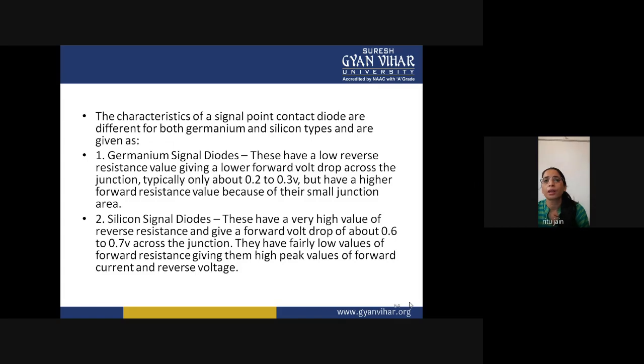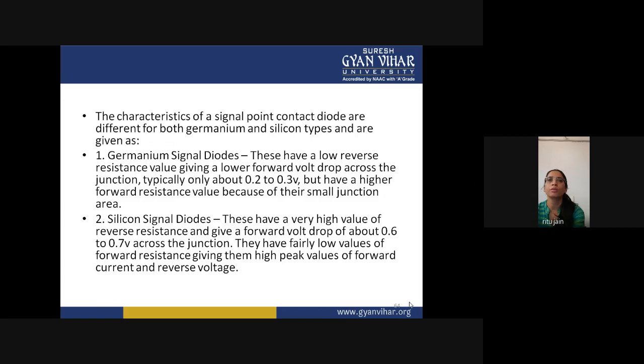If you apply a positive voltage to the P terminal and connect the negative terminal of the battery to the N terminal of the diode, the diode becomes forward biased.